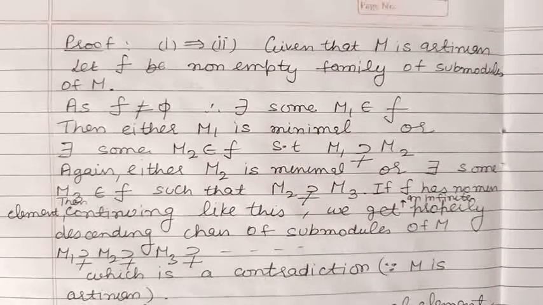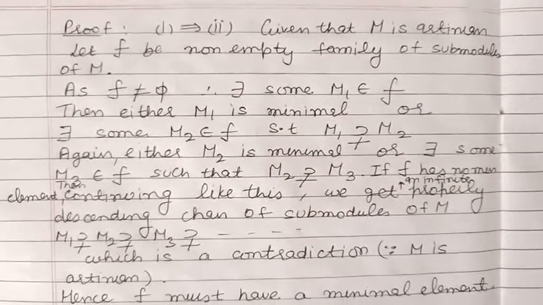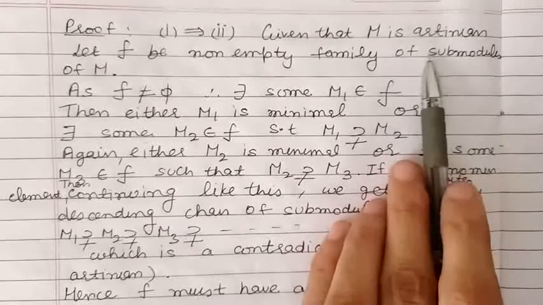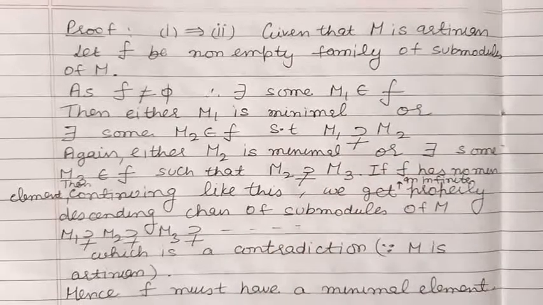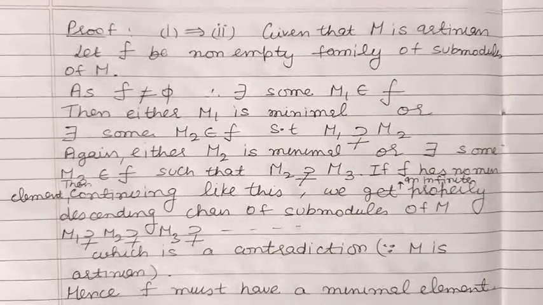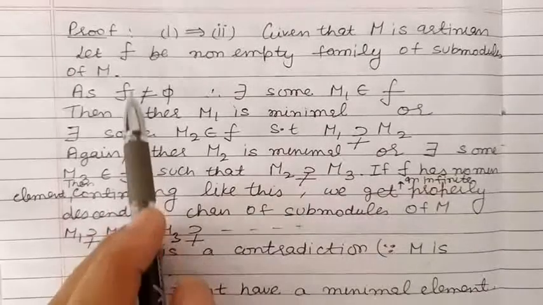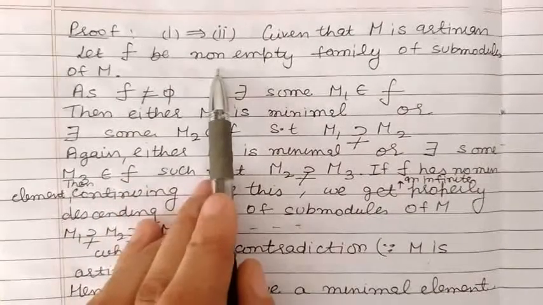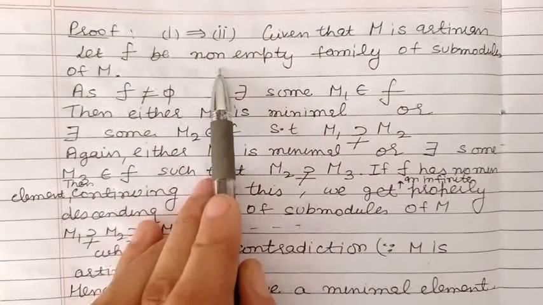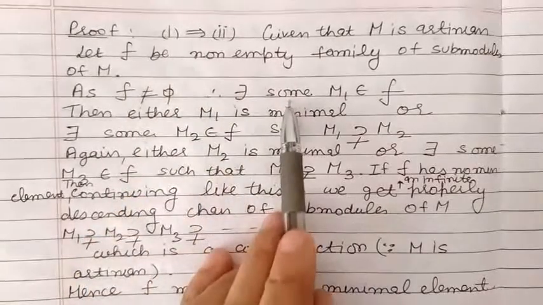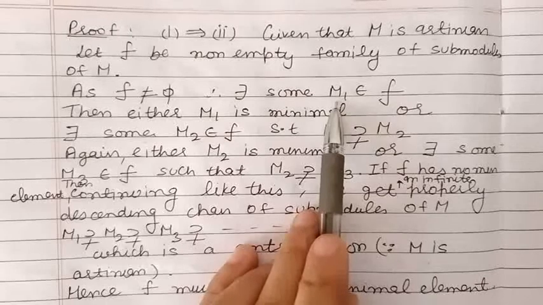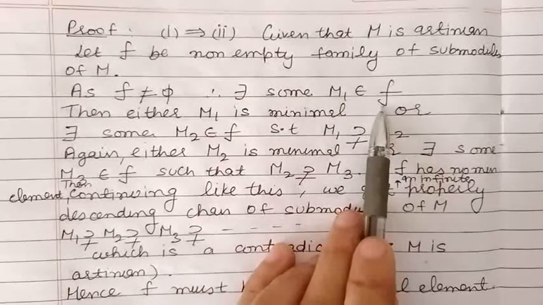In the first condition, we are given that module M is an Artinian module. And we have to prove that every non-empty family of submodules of M has a minimal element. So let us take F, a non-empty family of submodules of M. Now because the family is non-empty, we can take some module M1 belonging to this family.